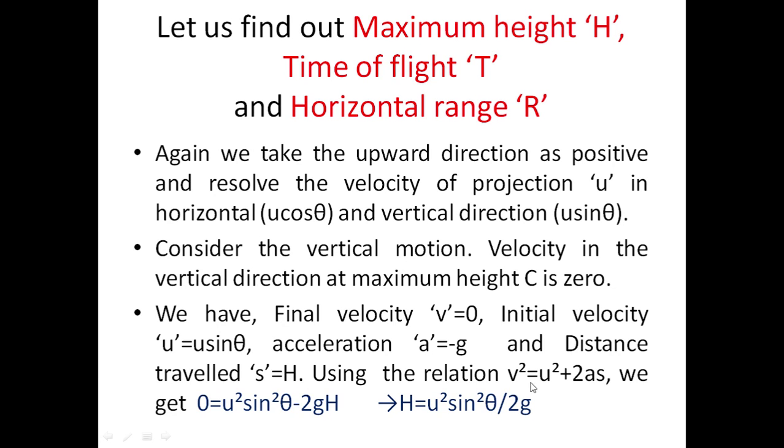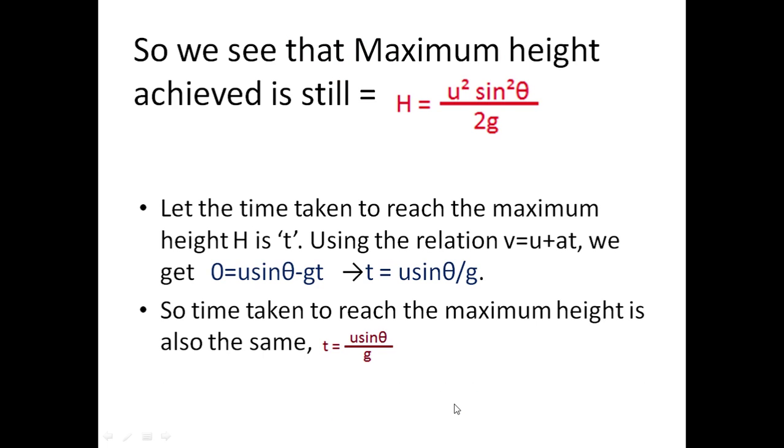Using the relation v square equal to u square plus 2as, we get 0 equal to u square sin square theta minus 2gh. That gives us maximum height h equal to u square sin square theta by 2g. So we see that maximum height achieved is still h equal to u square sin square theta by 2g, same as earlier.